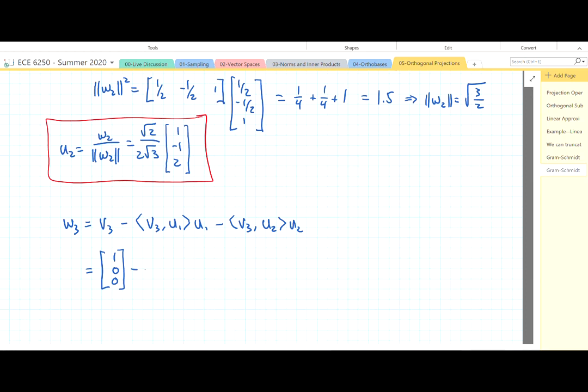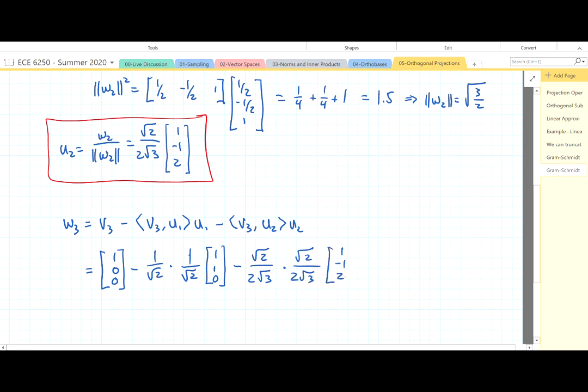V3 with U1 times U1 is going to be 1 over the square root of 2 times 1 over the square root of 2 times 1, 1, 0. That's our U1. And this one is square root of 2 over 2 square roots of 3 times U2, which is square root of 2 over 2 square roots of 3, 1, minus 1, 2.